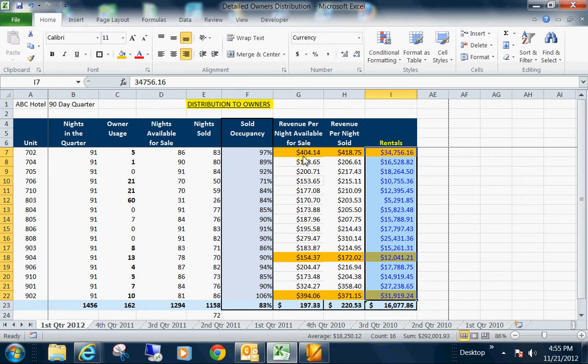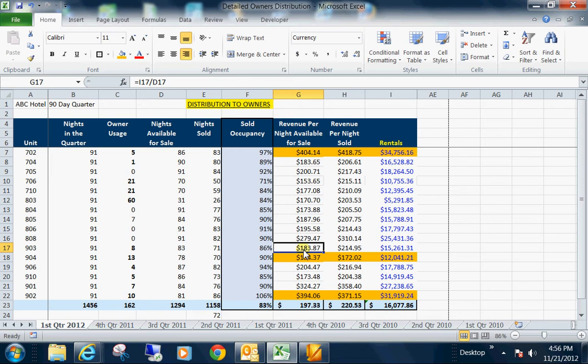The 404 average rate per available room and the 394, the 324, compared to 154 or 183, frankly, is not fair. Sometimes this is why the condo hotel programs can get bad reputations.